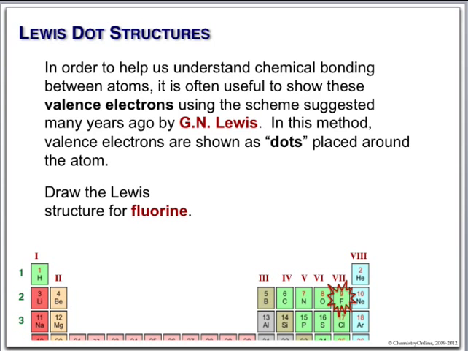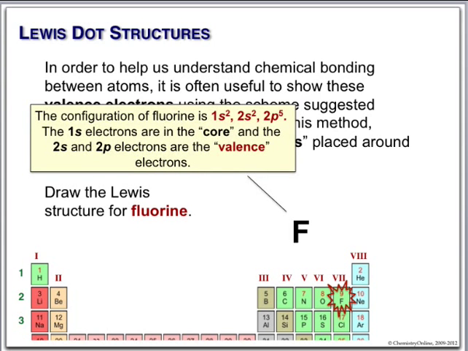So we have an F in the middle, and we have 7 electrons around it. The rule is you put them in one at a time, and then you pair them up. Now everybody always asks me, gee, why did I leave the single electron here?